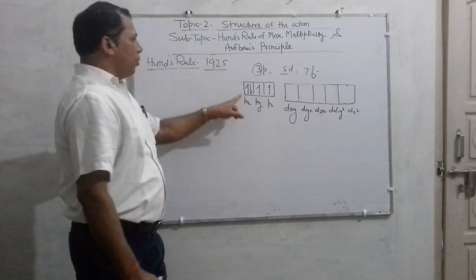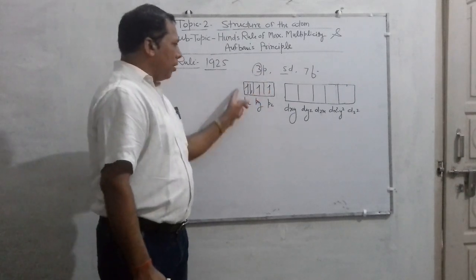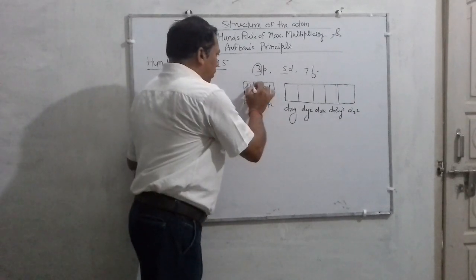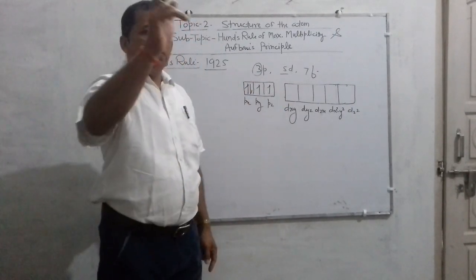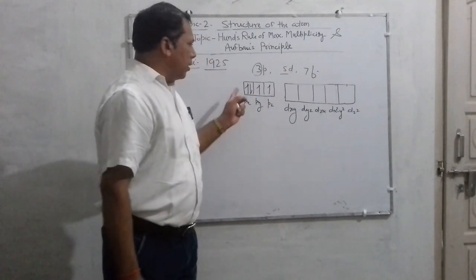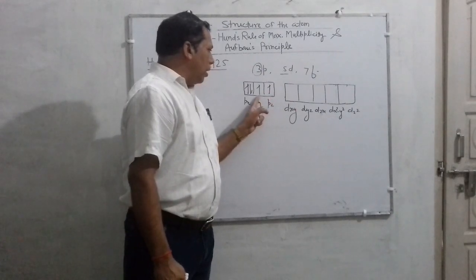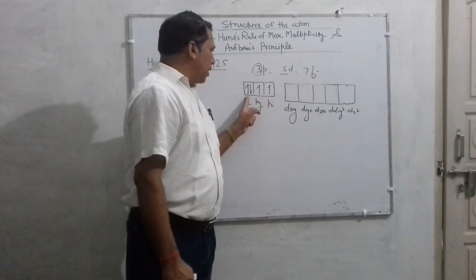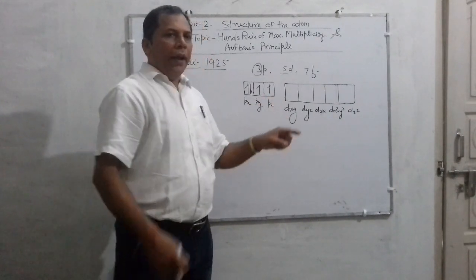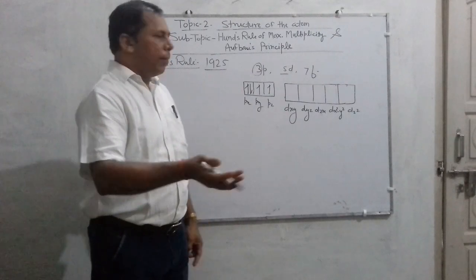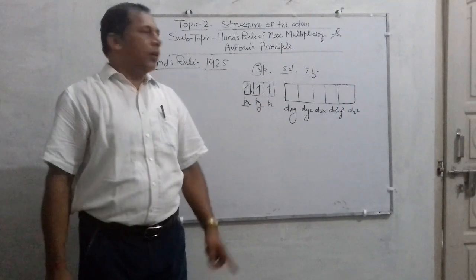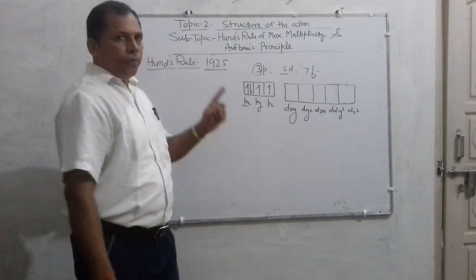Children, electrons first fill one by one in sequence: the first electron goes in px, the second in py and the third in pz. When the 4th electron enters, it will come in px and pairing will take place.